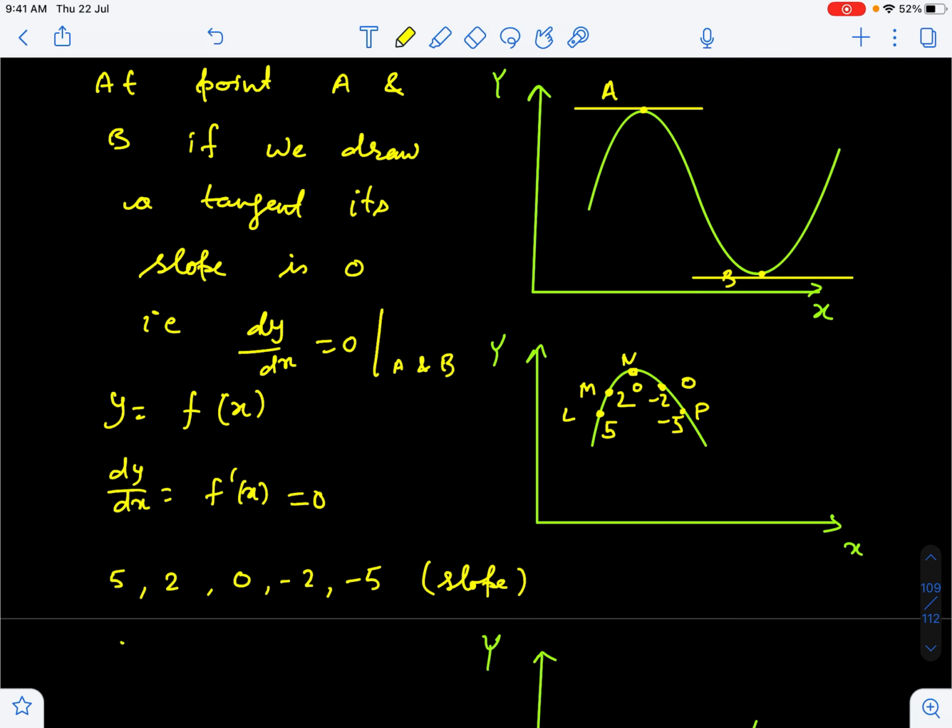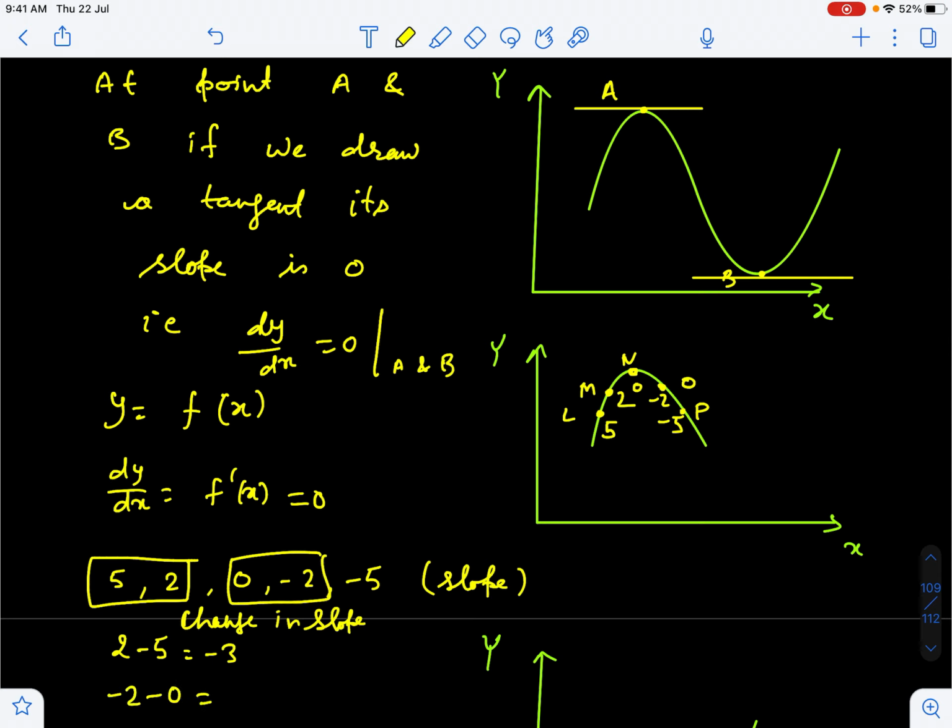But if I am doing 2 minus 5, that means the rate of change of slope. Rate means change in slope, and change in slope is always final minus initial. Between these two points it is minus 3. Between 0 and minus 2, it is minus 2 minus 0, which is minus 2.